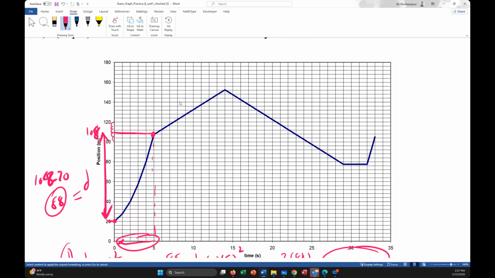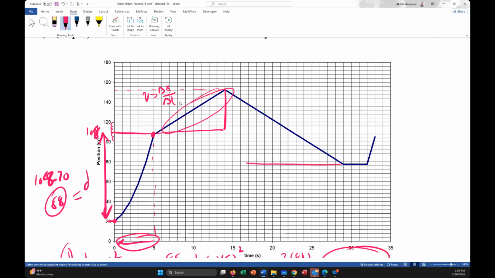But again, you would be able to find the slope. You didn't need to calculate the acceleration, because if you find the slope here, it's going to be the velocity. The velocity is change of position over time. How much is changed, over time.